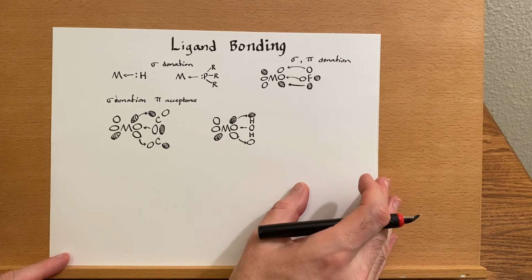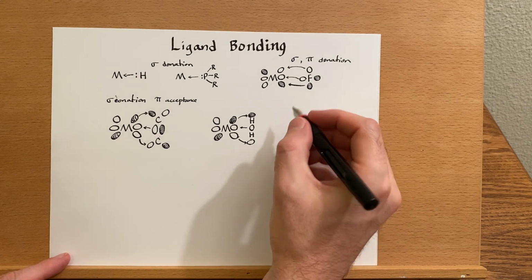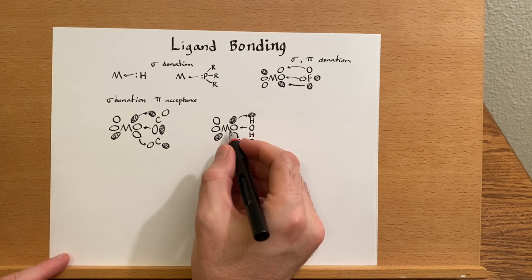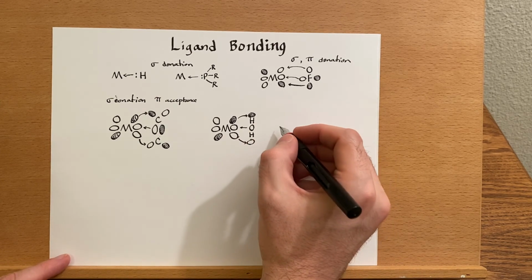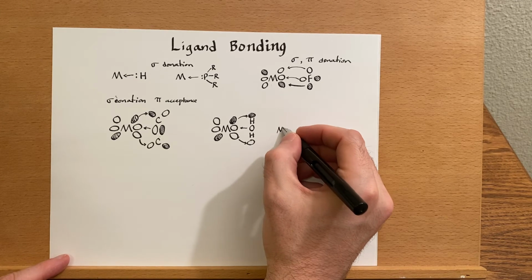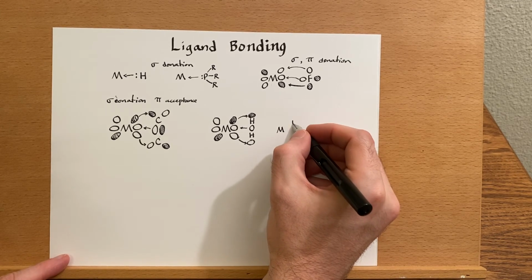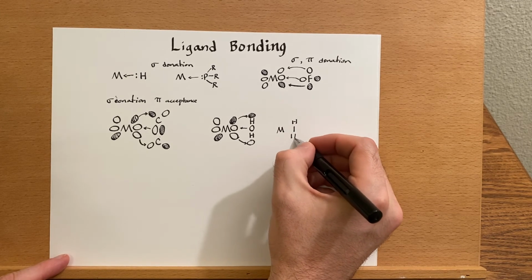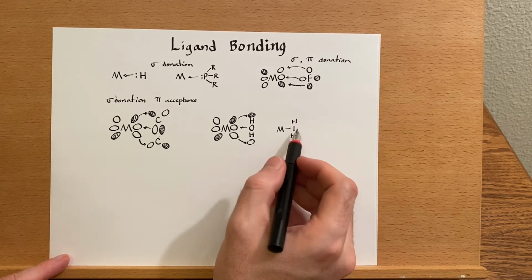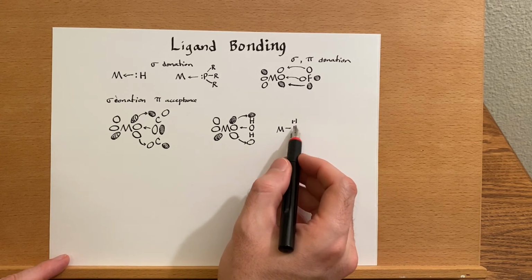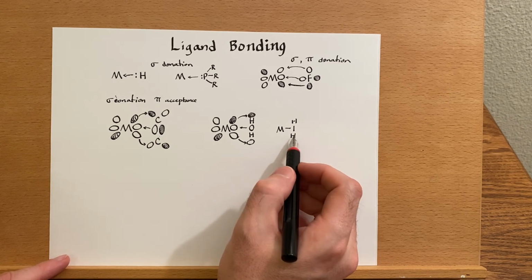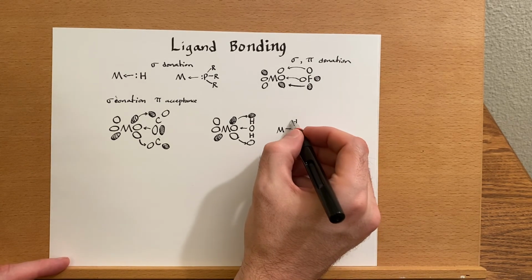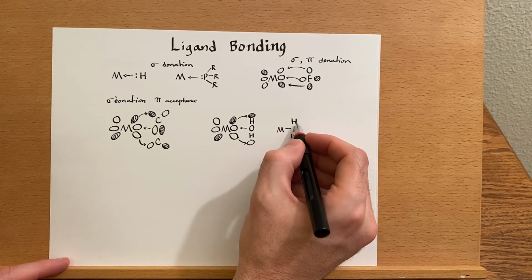And you can even take this to an extreme where it's better to draw the metal bonding with a hydrogen, instead of drawing it like this, where this bond is indicating that it's bonding with the electrons in the hydrogen bond here, the H-H bond.